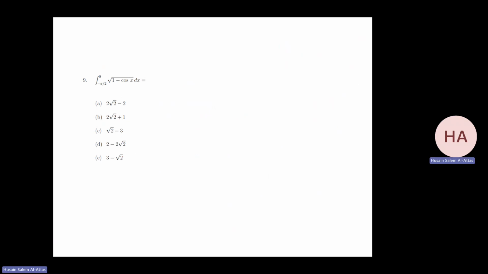Next: the square root of 1 minus cosine x. What shall I do? Interesting. Yes, you need to do these tricks. I will do the same trick as what we did here: cosine 2 theta is 1 minus 2 sine square theta.